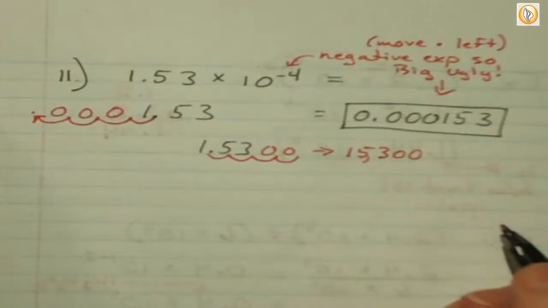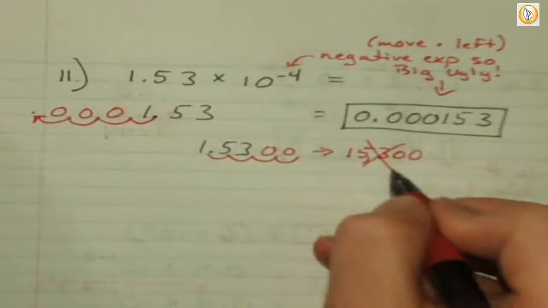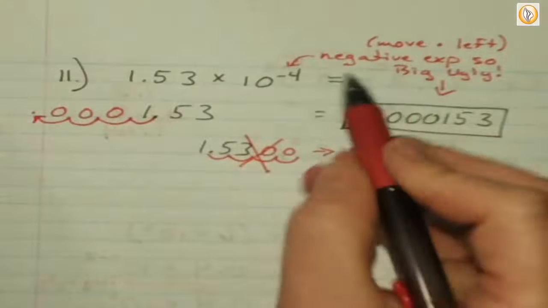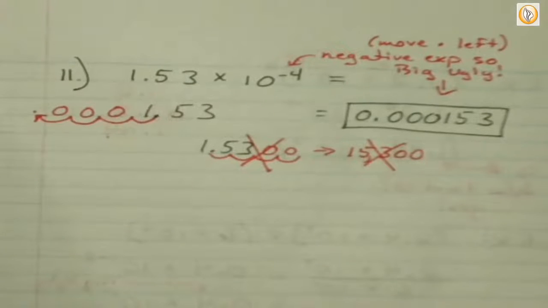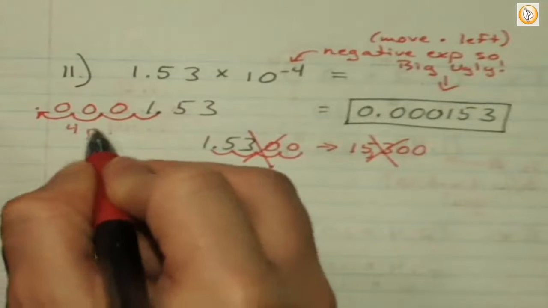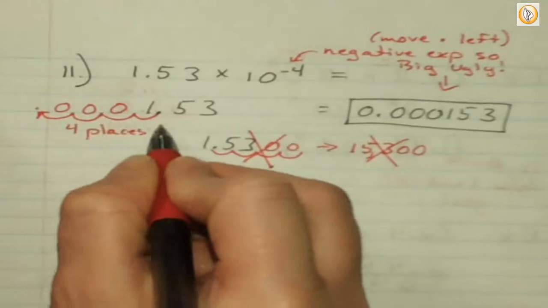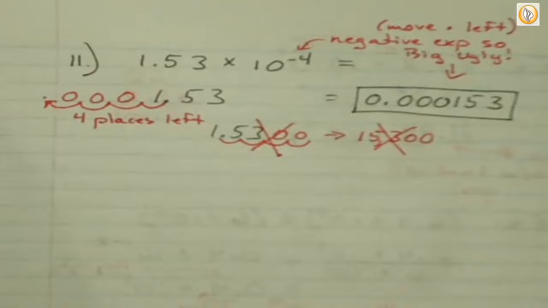Is that a big ugly? That's a whole number. So that's wrong because it has a negative exponent. Any questions? Now I'm going to write 4 places left. Any questions?